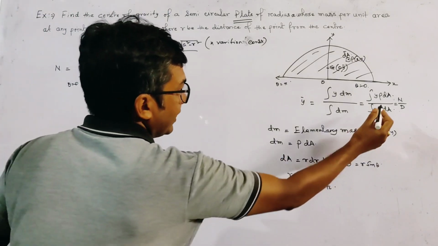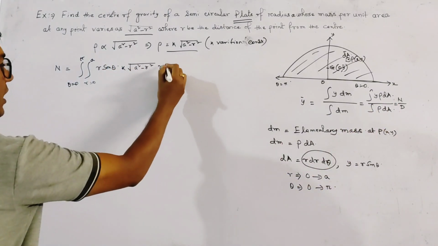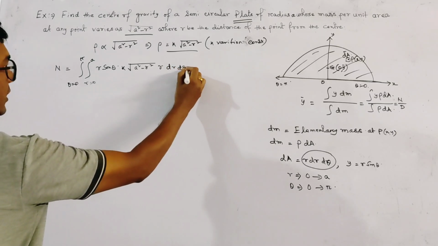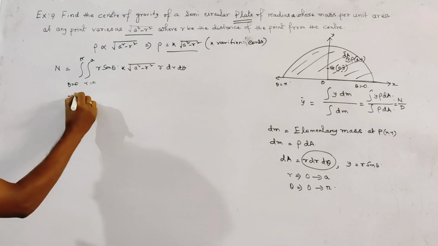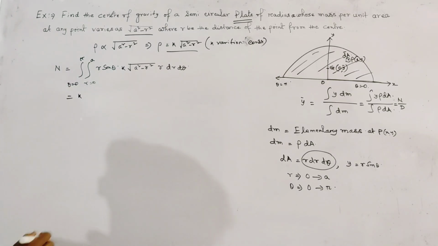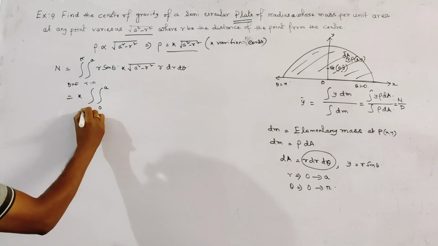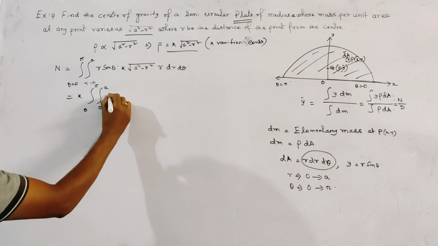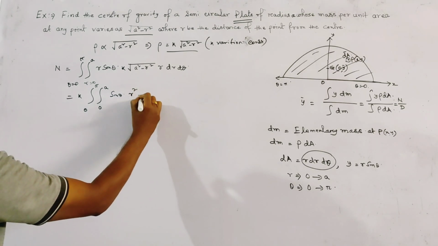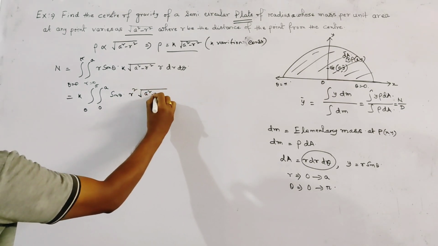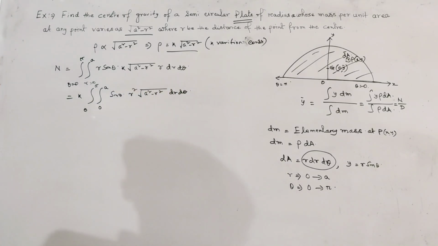And now put the value of dA, which is r dr d theta, and we get k into the double integration from 0 to a and 0 to pi of sin theta times r square into root over a square minus r square dr d theta.